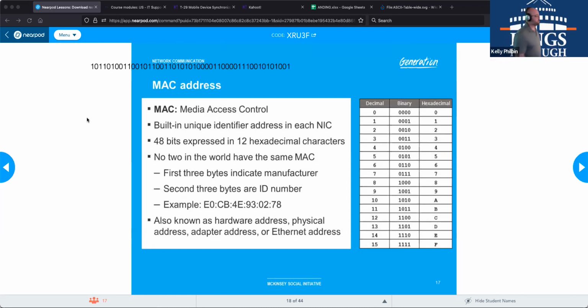So this here is what the computer sees. It's 48 bits. That would be the actual MAC address.